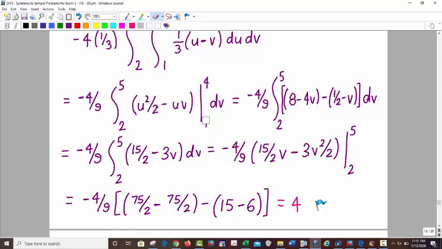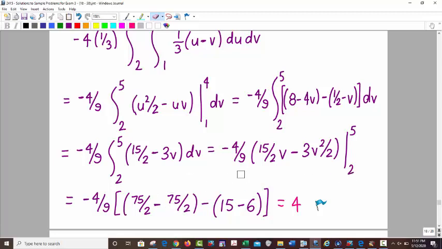And now we integrate this with respect to v, and we've got it. So the antiderivative of 15 over 2 will be 15 over 2 v, and 3v will be 3v squared over 2. Plug in 5, and you get 75 over 2 minus 75 over 2, so that happens to cancel out.